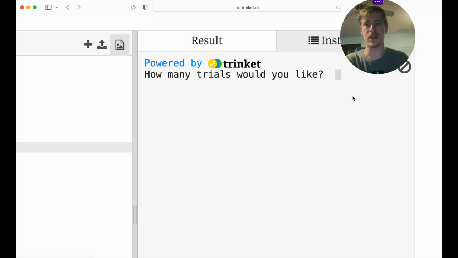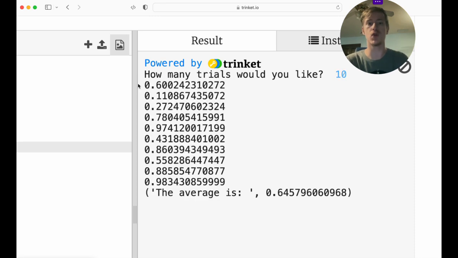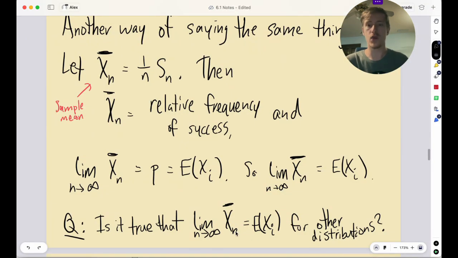We want maybe 10 trials, and it's going to show you 10 random numbers between 0 and 1, and then it essentially averages those together. So the question is, if I could just go back to here really quickly, we want to know, is this average going to be close to the expected value? And remember, the expected value is just smack dab in the middle between 0 and 1. So you would expect 0.5, right?